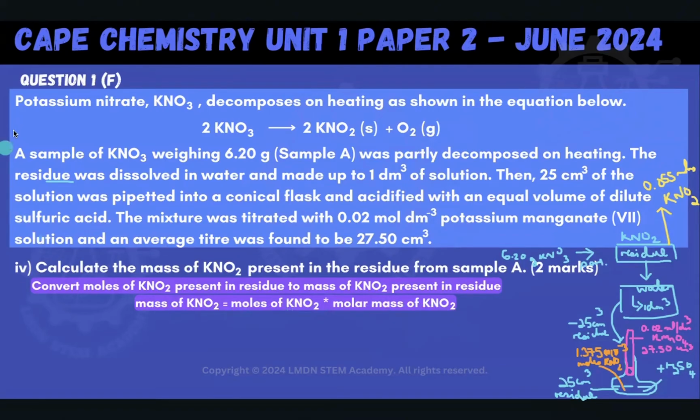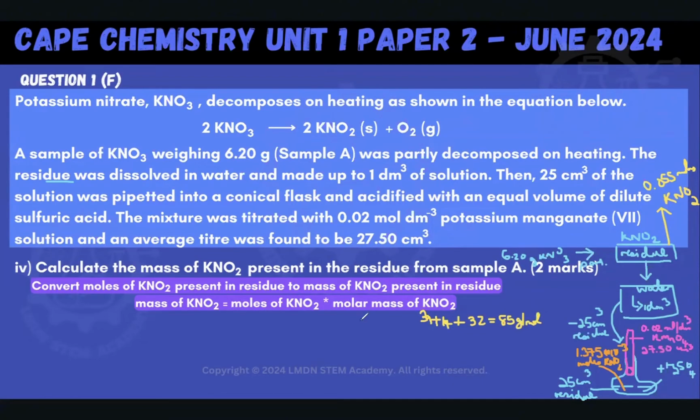The molar mass of KNO2 is equal to 39 plus 14 plus, this is oxygen, so that is O2, so 32. And so the molar mass of KNO2 works out to be 85 grams per mole.